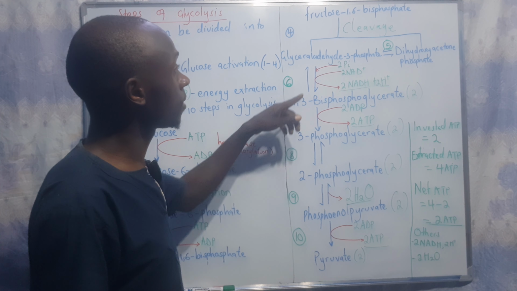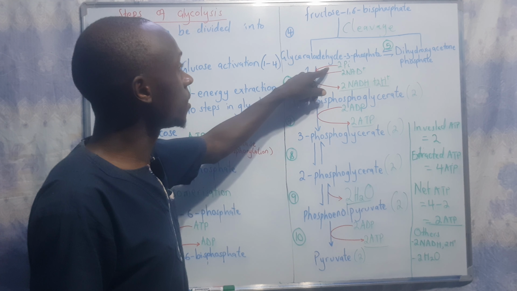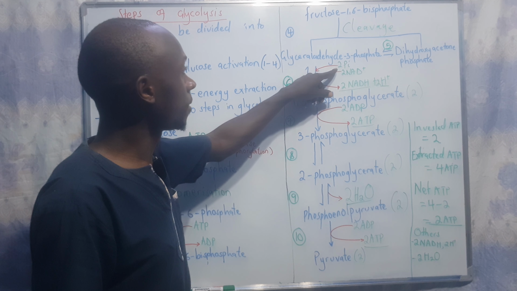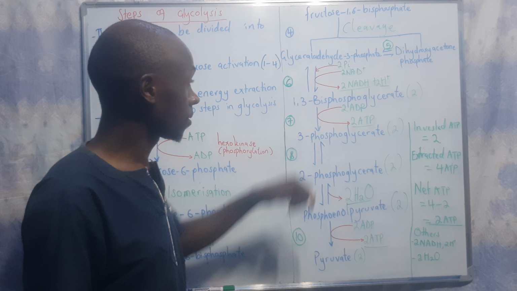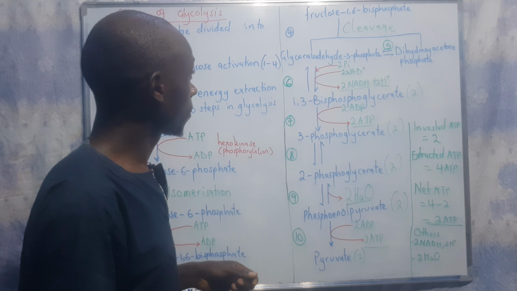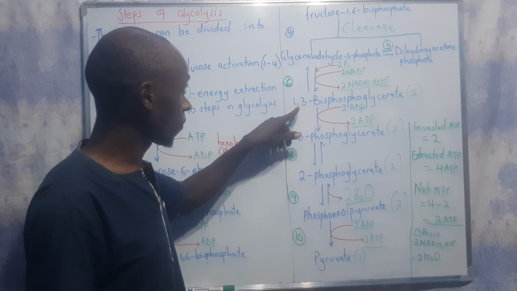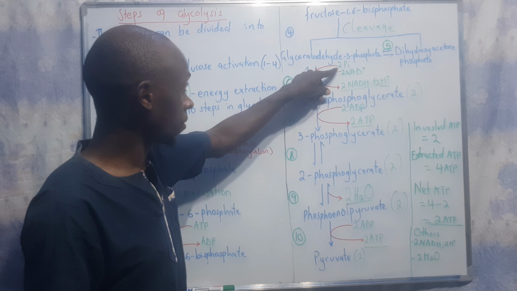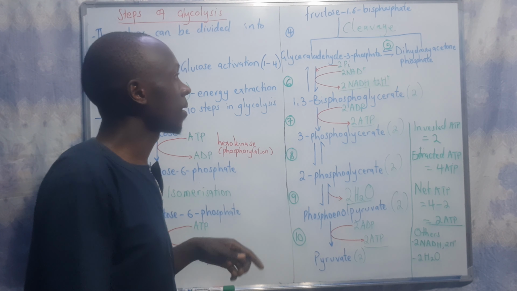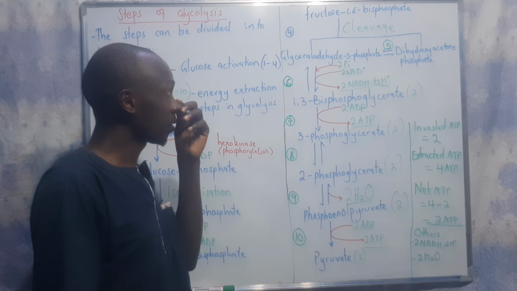It also helps in the bonding of the phosphate to this molecule here, which is bisphosphoglycerate. So this phosphate group gets to carbon atom number 1, forming 1,3-bisphosphoglycerate.